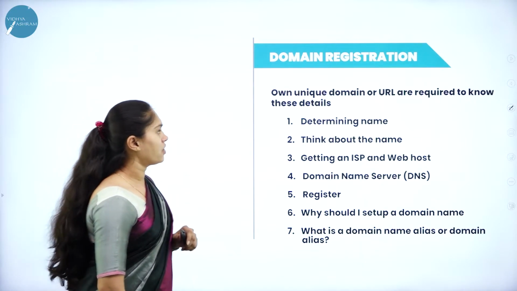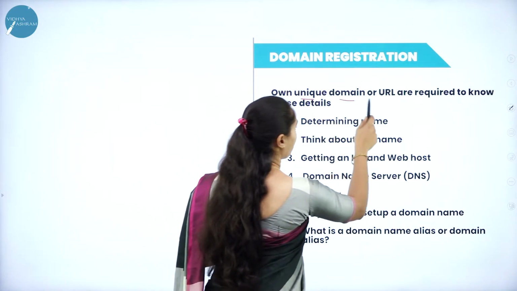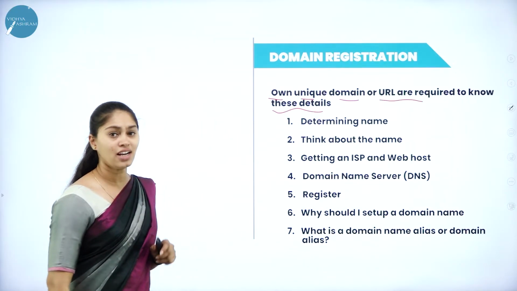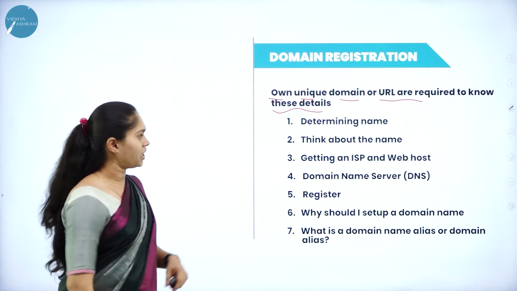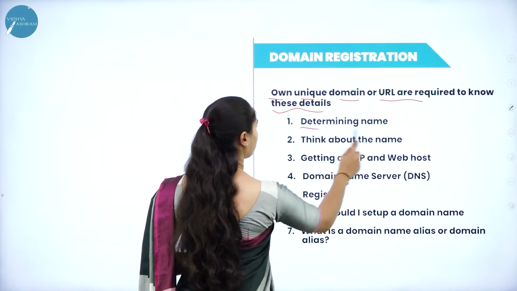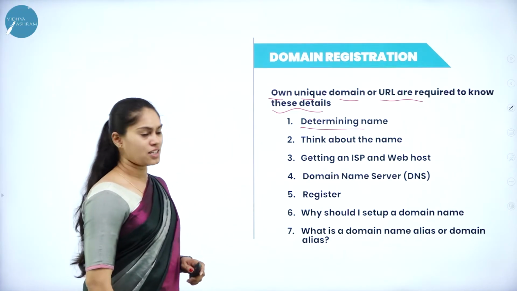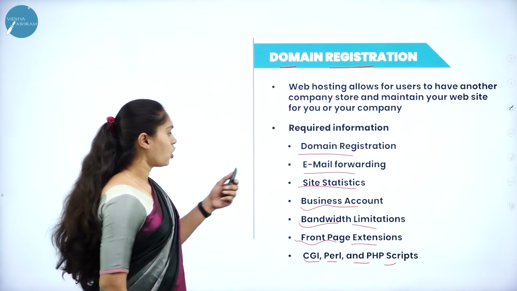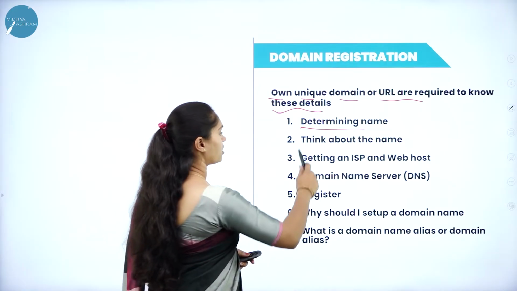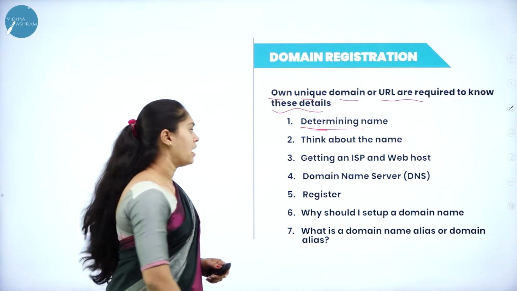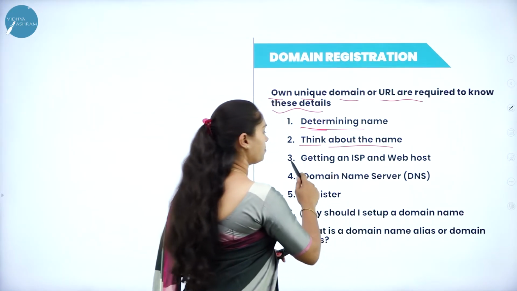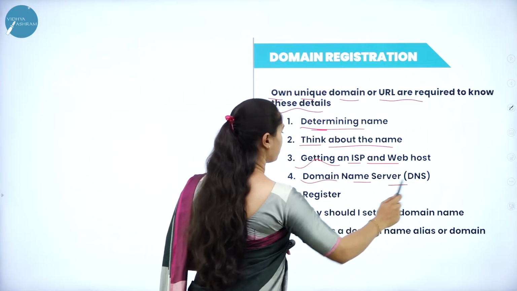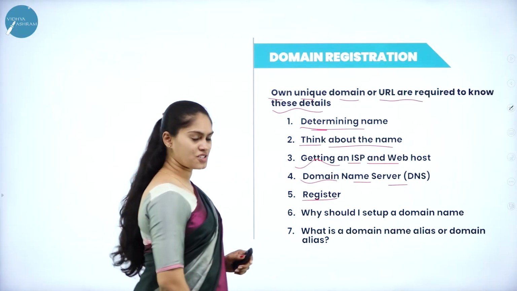And also we can have our own unique domain, so you are required to know these details. You are supposed to provide this information to determine the name. As I told, you can have your own name in the domain, so you can determine the name and also think about the name, getting an ISP and web host, domain name server, DNS, and we have a registrar.